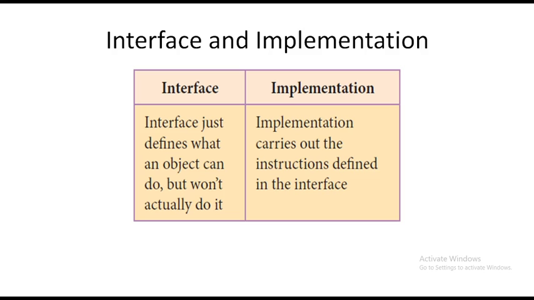That is the first characteristic of interface. The second one is that an object's attributes and behavior are controlled by sending functions to the object. That is the second characteristic of interface.